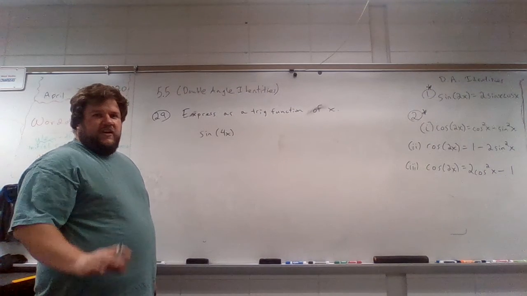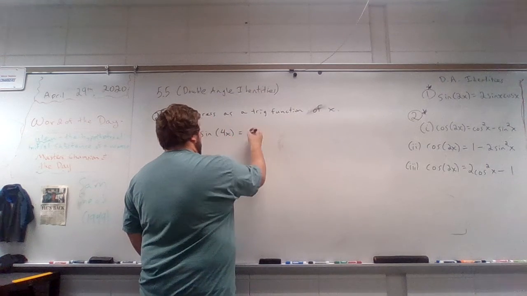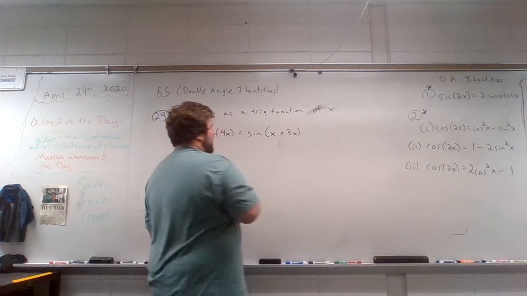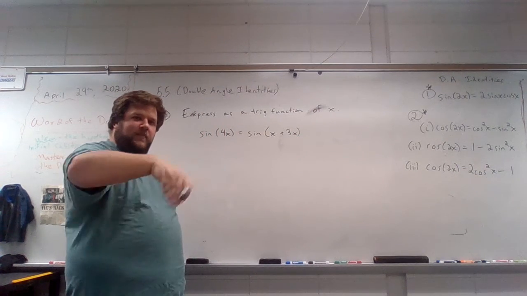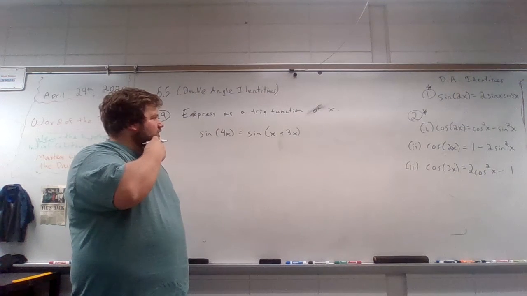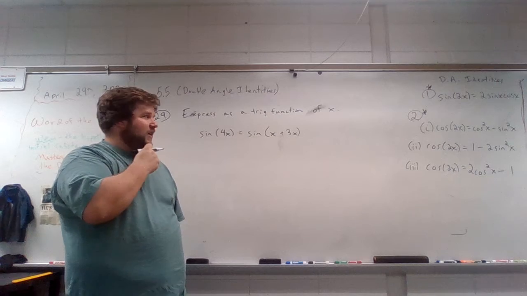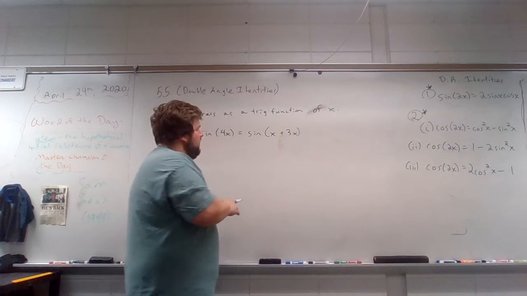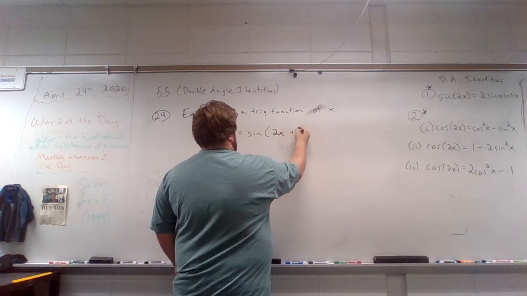Now, there's a couple different ways you can do this. One way would be to write 4x as x plus 3x. I would not recommend it, although I could keep working with that, because with 2x plus 2x I can use my identities straight away. Although this would work eventually if you kept using it. But instead of doing x plus 3x is 4x, I'm going to do 2x plus 2x.